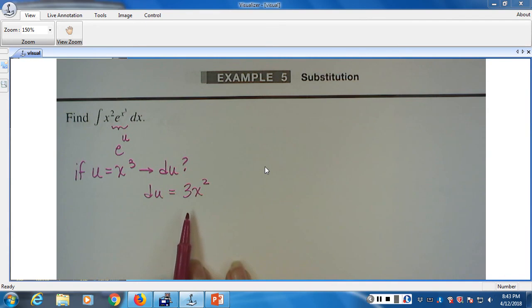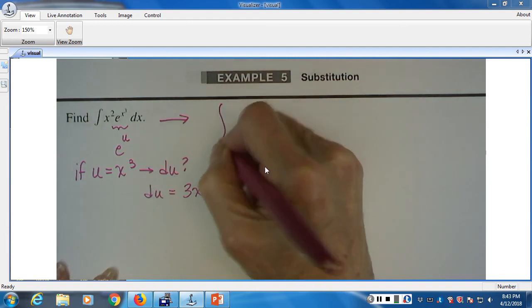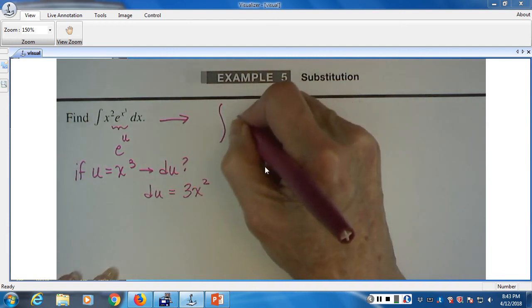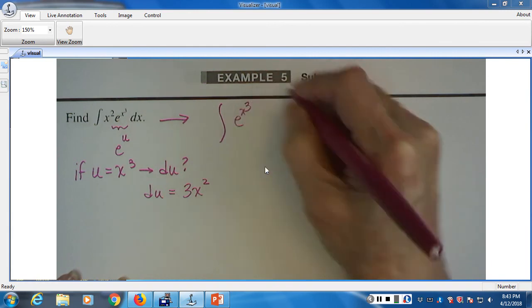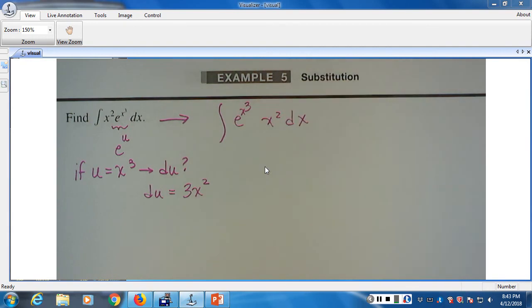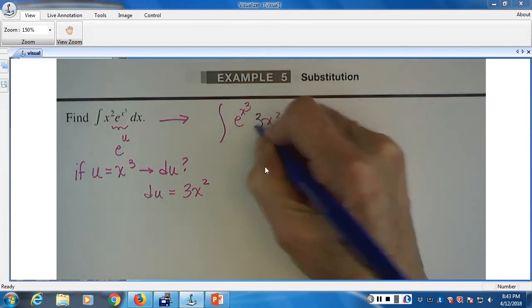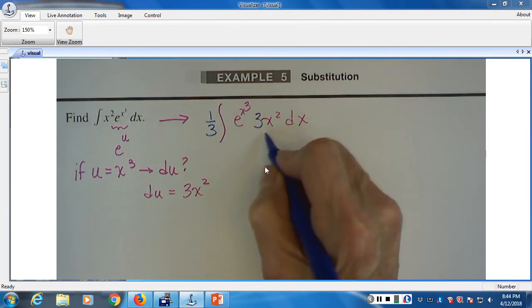No. Could we have 3x squared? Yes. We could have it by simply putting in 3 over here and 1/3 on the outside. So that means that this is e to the u and this is du.